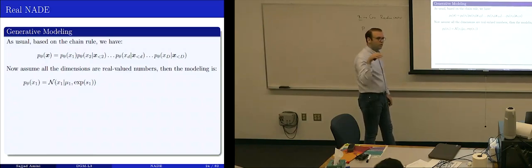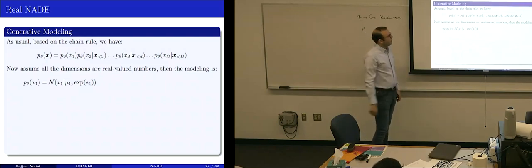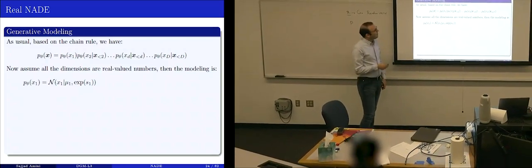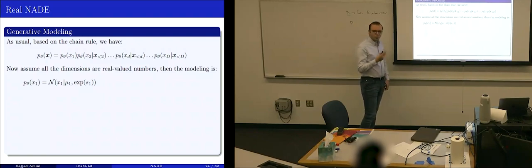Like the sigmoid, for example, your variable goes through a sigmoid to be between 0 and 1. Here your variable goes through an exponent to be positive, because this is a variance. Okay? So how many parameters do you add to your model? 2 parameters. I have mu1 and s1. These are the new parameters you have.